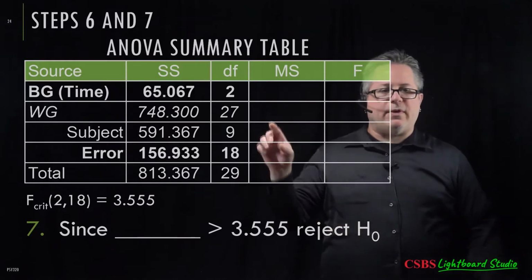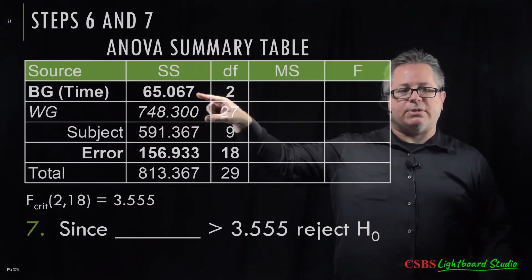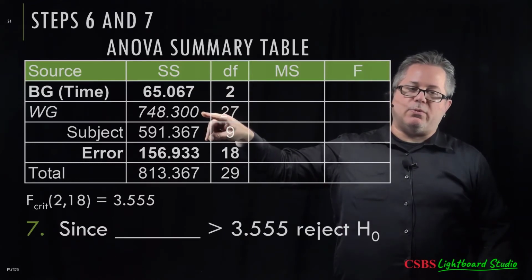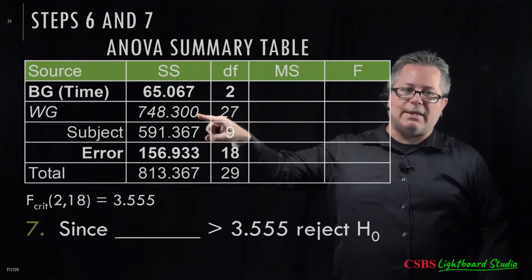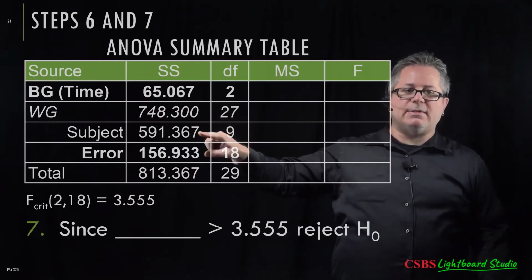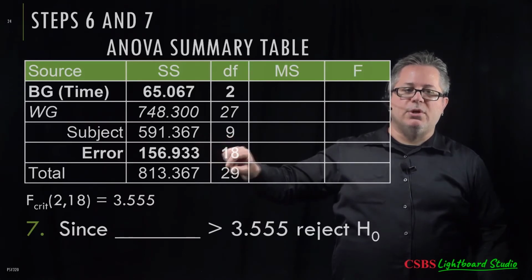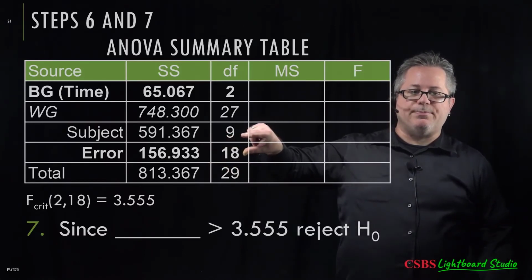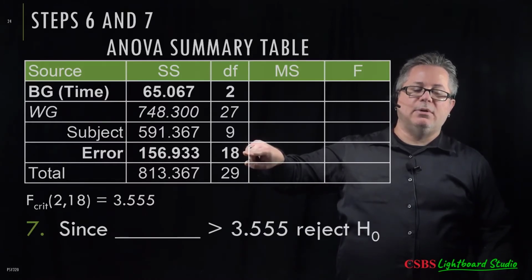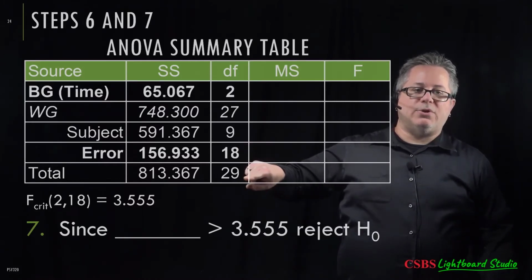The sum of squares for between groups is the same, and the sum of squares within groups is also the same as for one way between groups ANOVA. But we broke that up into the subject effects and the error effects that both are part of within groups. We also broke down the degrees of freedom, 27 into 9 for subject and 18 for error. And then we also have total.